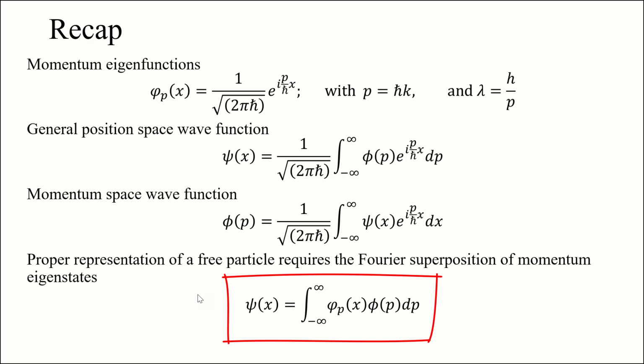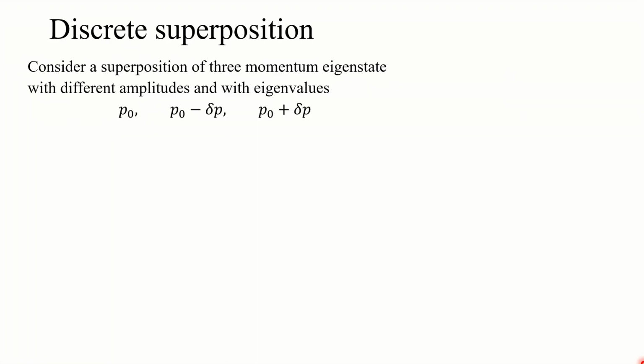The momentum space wave function, this phi of p here, is analogous to the coefficients in that expansion, and the eigenfunctions are just the momentum eigenfunctions, but instead of summing over a bunch of discrete states, we're doing an integral over a continuous set of states here. And that's what we're going to work on today, how we can look at these momentum space representations or superpositions and what they mean for free particles.